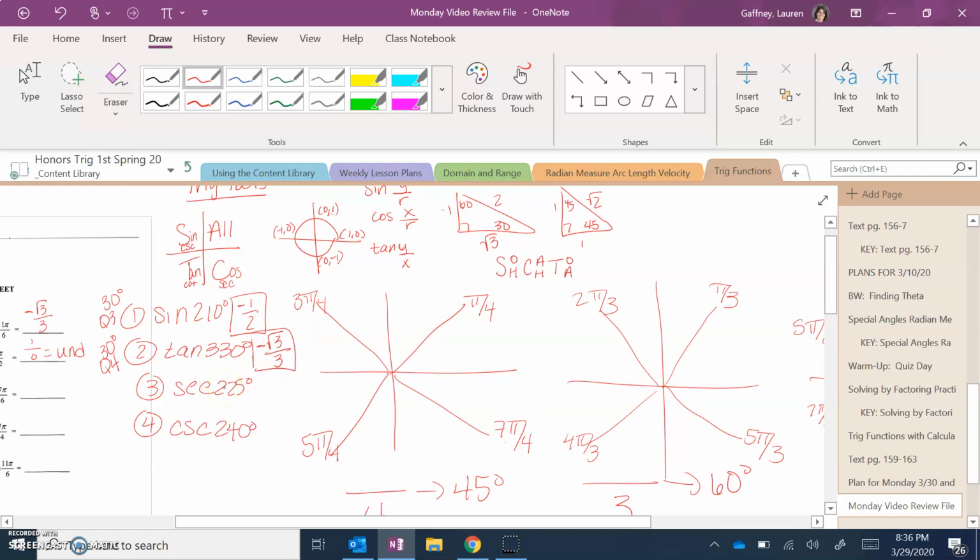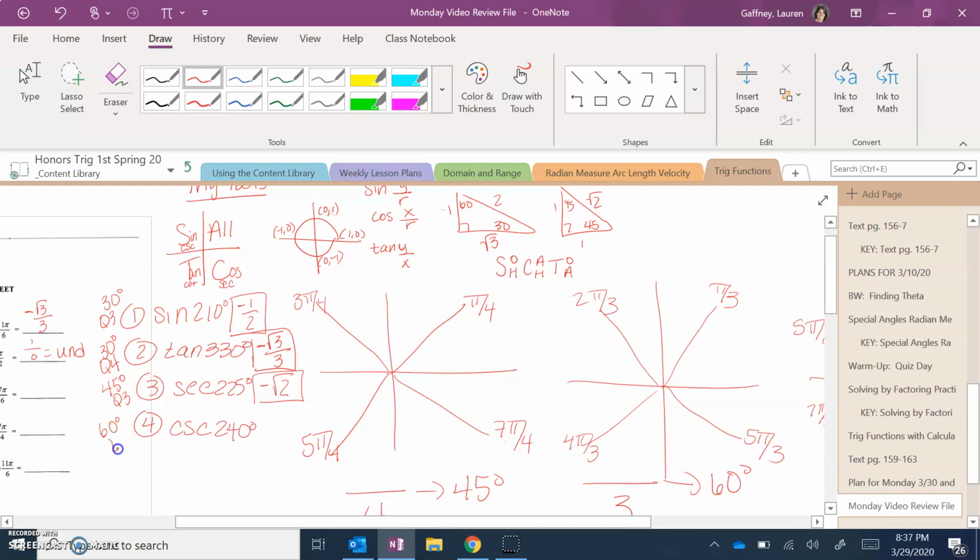Secant of 225. 225 is 45 degrees beyond 180, and that's in quadrant 3. Secant is the flip of cosine. So instead of adjacent over hypotenuse, hypotenuse over adjacent, so root 2, and quadrant 3 would be negative. Now 240, that's 60 degrees beyond the 180 mark.